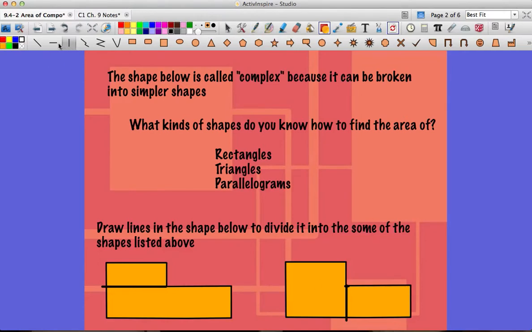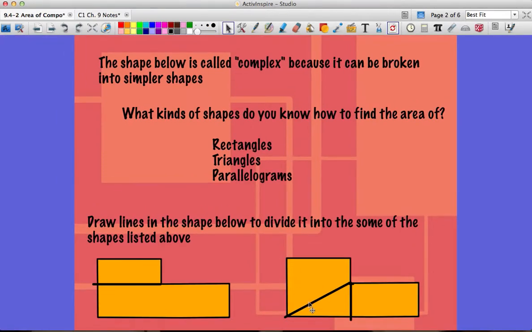I know that we are looking at it saying we could go from here to here, but we don't know how to find the area of trapezoids, and that would make the figure way too complex to figure out. So we make it easy on ourselves by making two separate rectangles, because the formula for the area of a rectangle is much simpler than the formula for the area of a trapezoid.